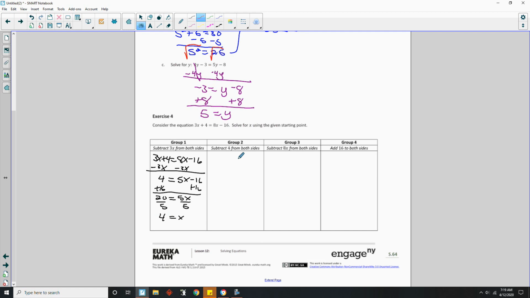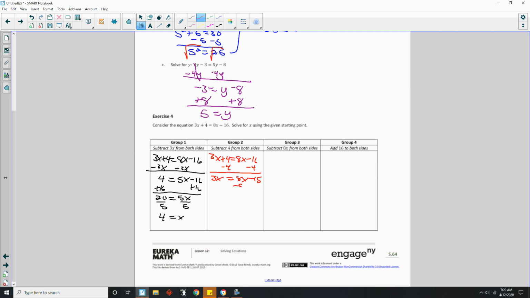Okay, now I'm going to do the same thing, same equation, 3x plus 4 equals 8x minus 16. Our starting point this time, though, is to subtract 4 from both sides. So if I do that, subtract 4 from both sides, I get 3x equals 8x minus 15. Okay?